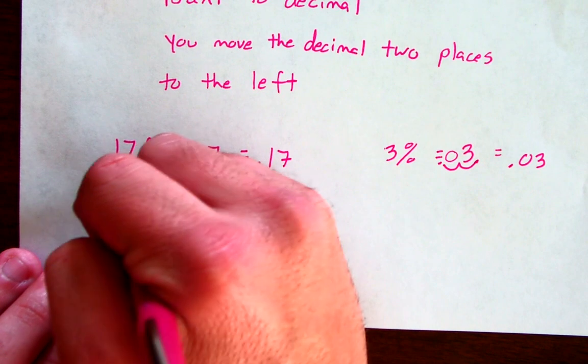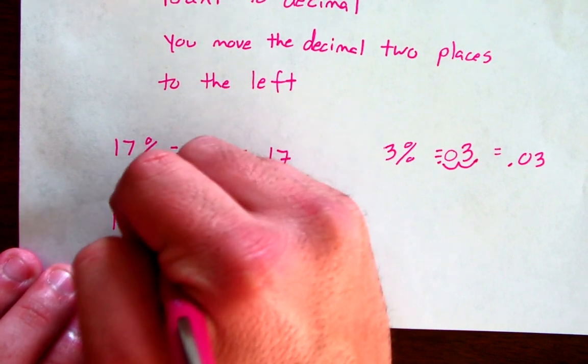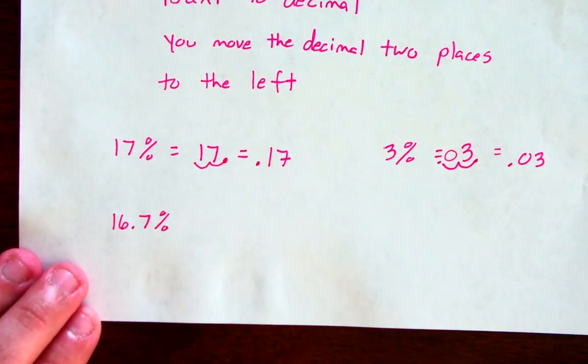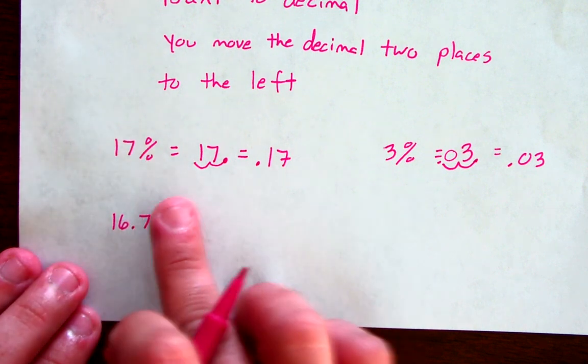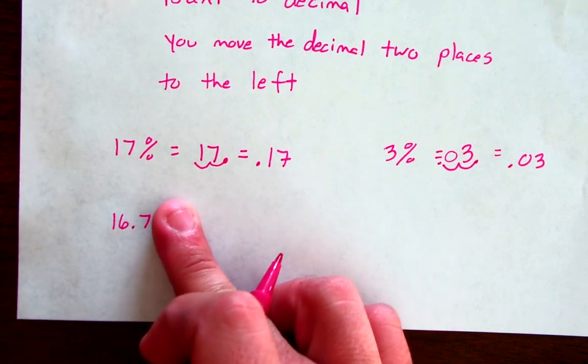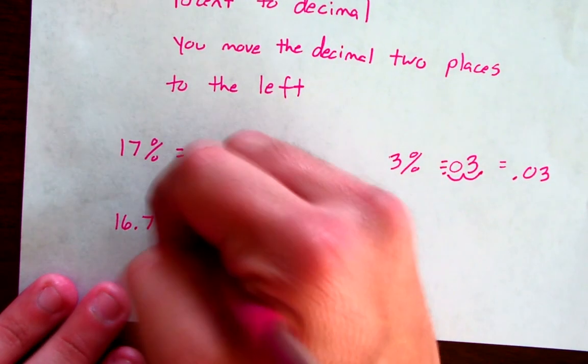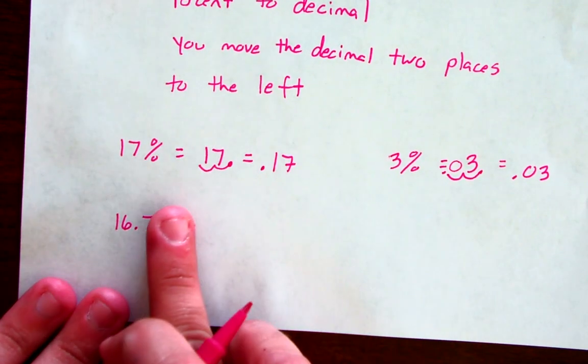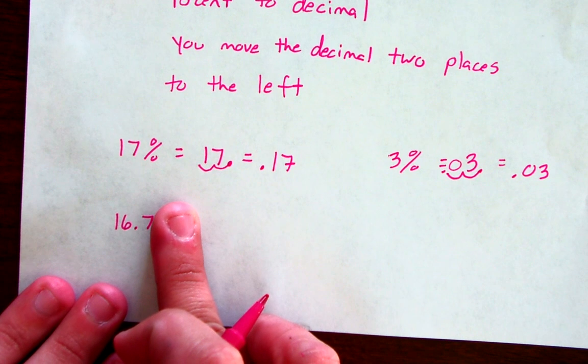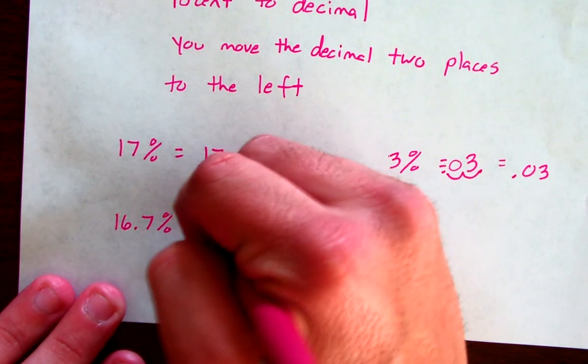Alright, a couple more. Let's say we have 16.7%. Again, I know some of y'all are going to say, Mr. Noland already has a decimal. Cover up the percent. There's your answer. Okay. Start by covering up the percent sign. So you have 16.7.